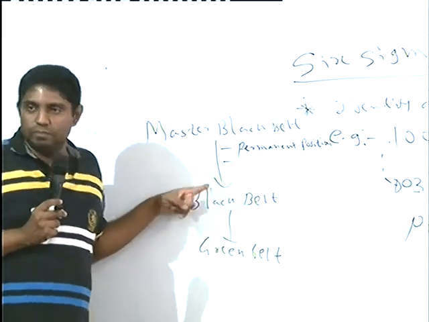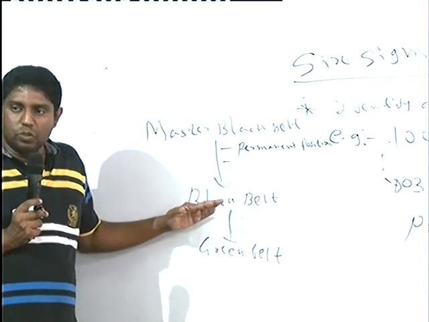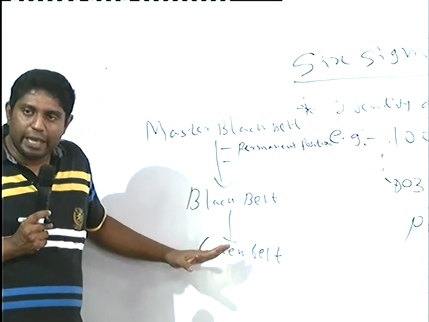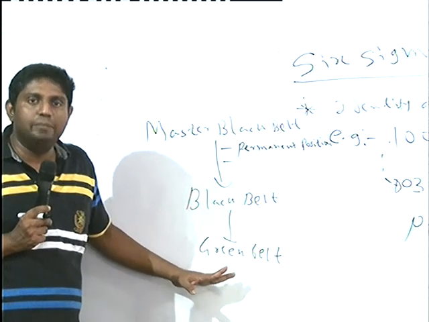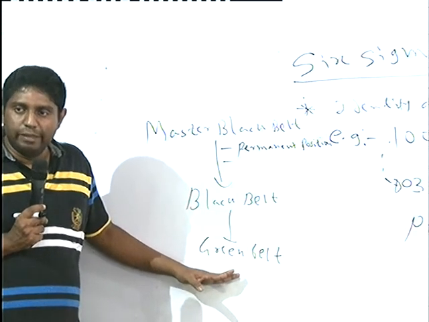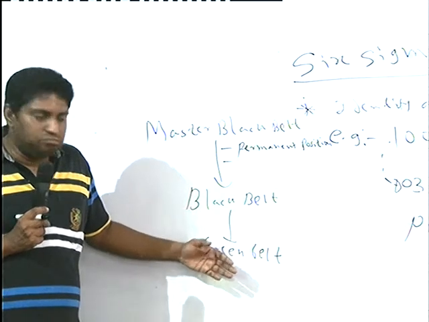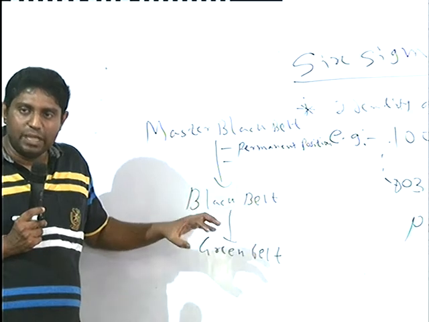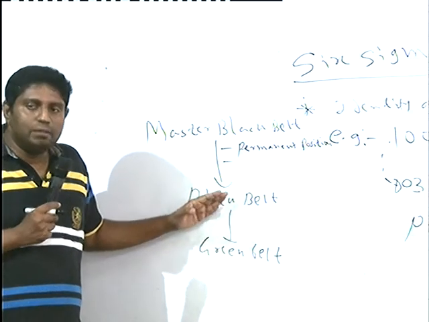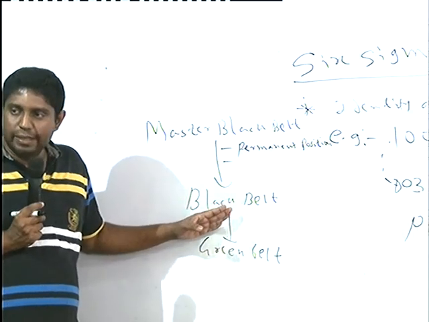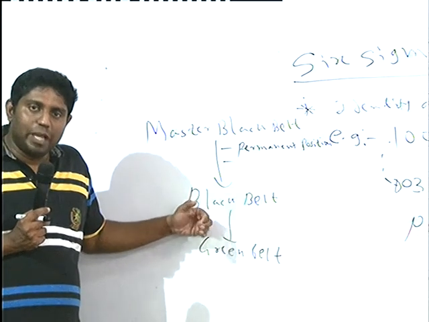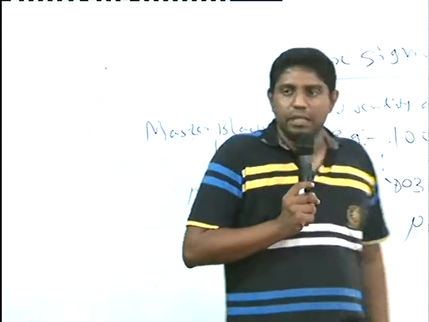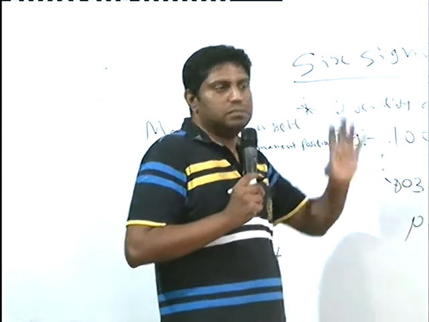It is similar here. Initially, people start their career in Six Sigma as green belts. When they work as green belts from time to time, they gain some knowledge. Then they become black belts. When they work as black belts for so many years, they become master black belts. These master black belts are the masters.